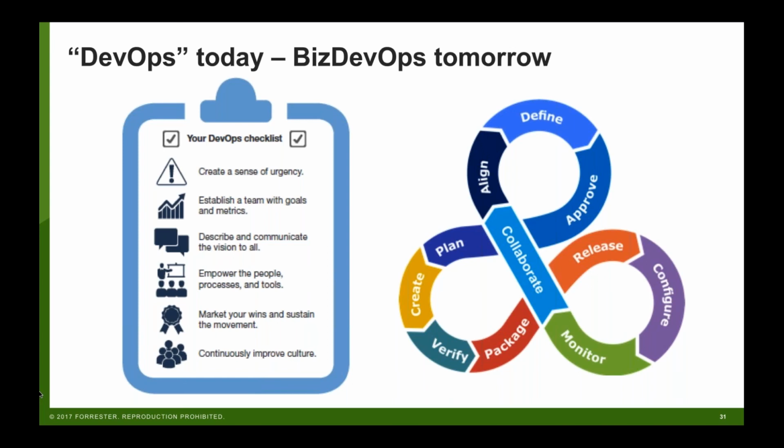So as you can see, my little loop on the right doesn't look like the usual DevOps loop. And I believe that we are well beyond DevOps. We are now seeing DevOps become what we call Biz DevOps. And we do that because we are going to be delivering automated process flows so that once a piece of code is pushed, it will be automatically tested, automatically validated, automatically packaged, and automatically deployed.